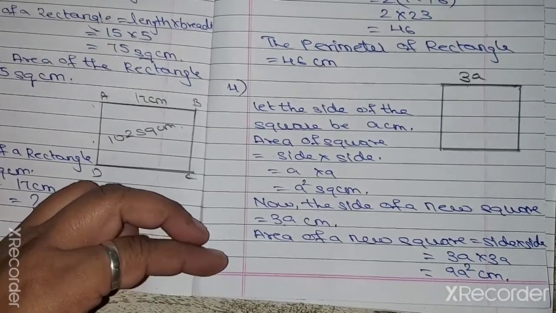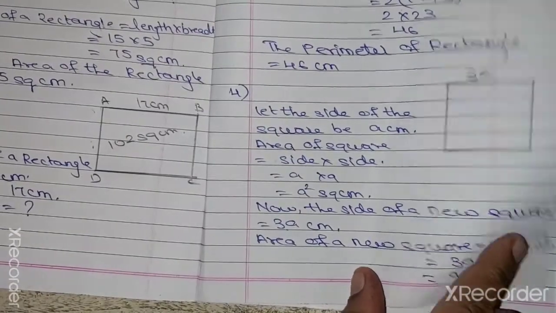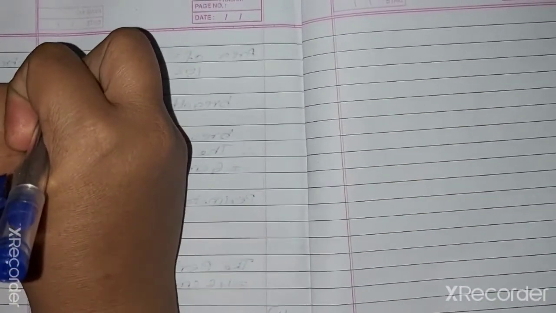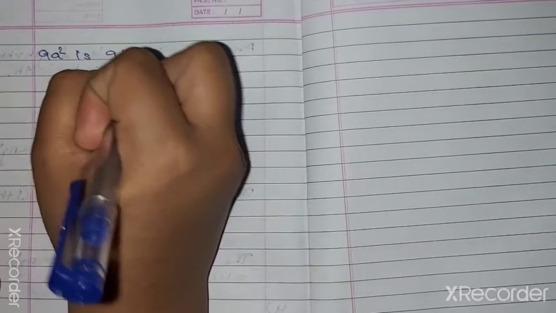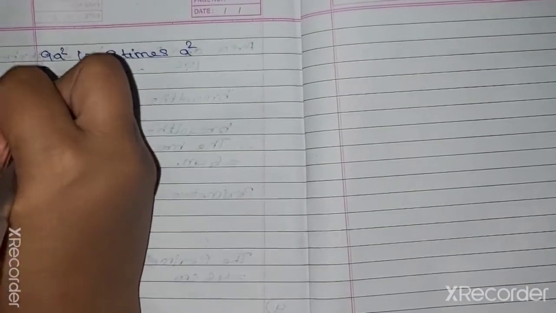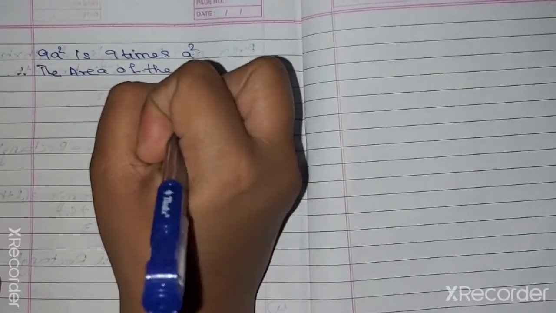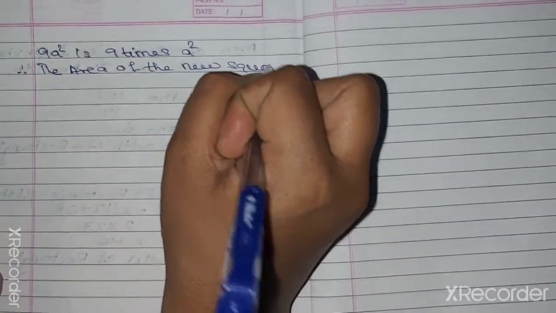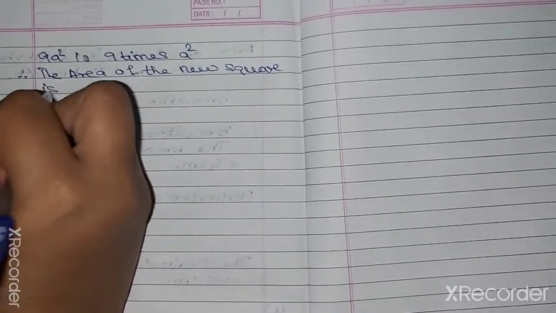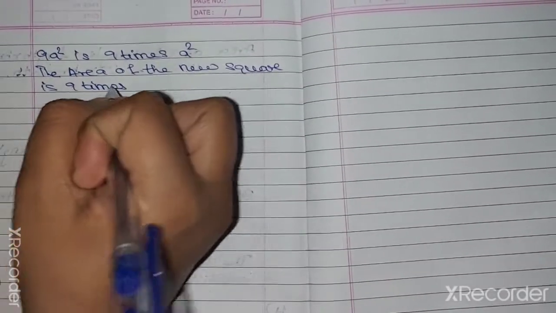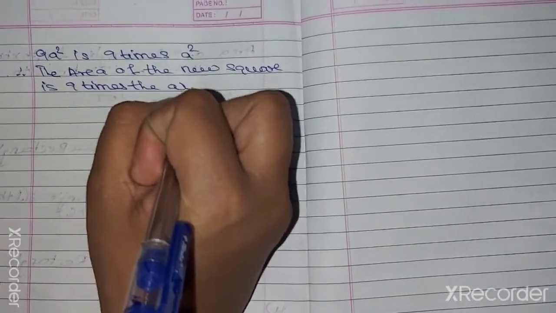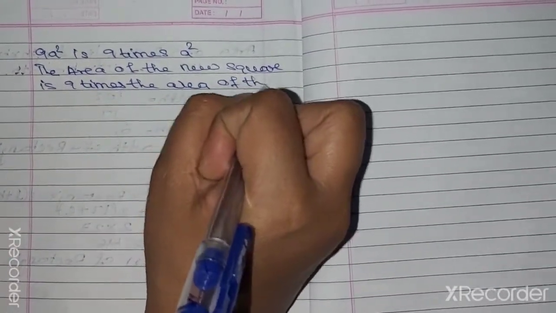So 9A square is 9 times A square. Therefore, the area of the new square is 9 times the area of the original square.